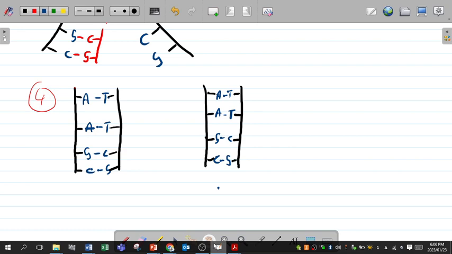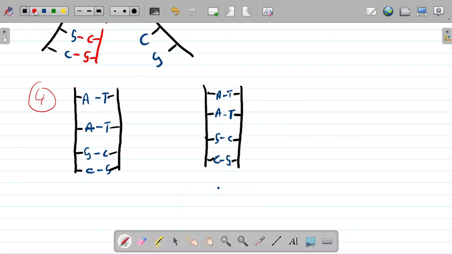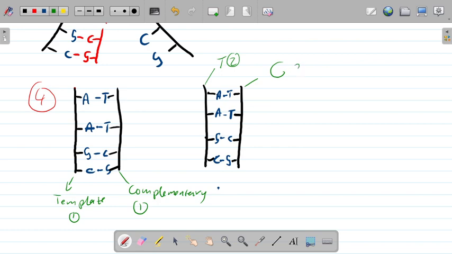At the end of the day, you end up with, let's use a different color, template strand 1 and complementary strand 1. And then subsequently template 2 with complementary strand number 2. And that is DNA replication in a nutshell.